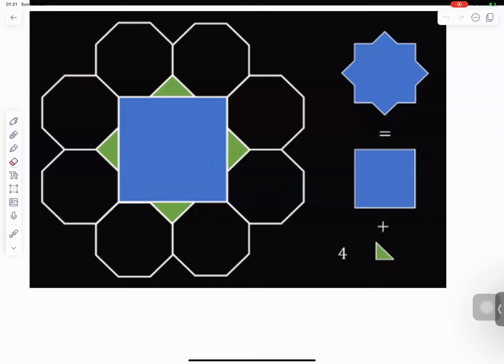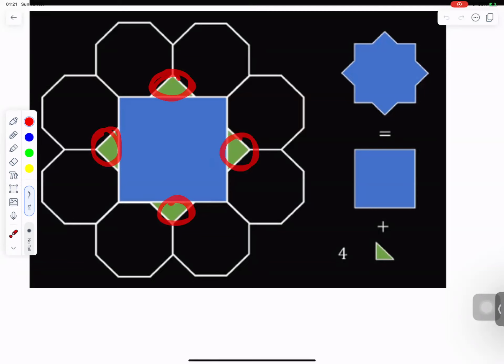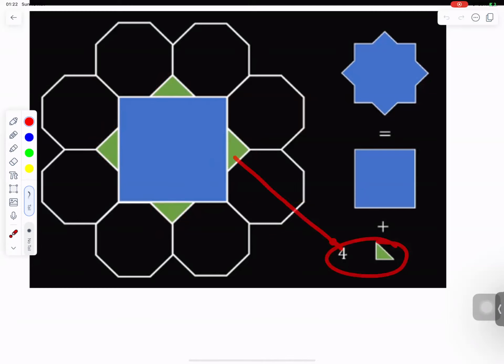So this is what the shape, we can divide the shape in a way that we can see a little triangle at the top there, another triangle there, another triangle there, another triangle there. So there are 4 triangles. So we want to find the 4 triangles and the area of the blue square. That'll give us the area of the shape.